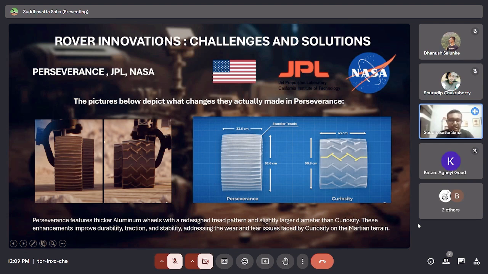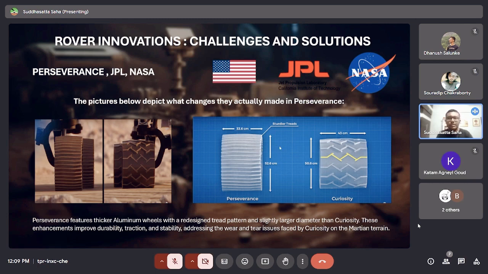The thickness remains the same, but they have a much sturdier inner frame for preventing any sort of failure, and they have used thicker aluminum wheels in this case, and that makes a lot of difference in the performance of the rovers. The dimensions are mentioned numerically, and you can see that change.